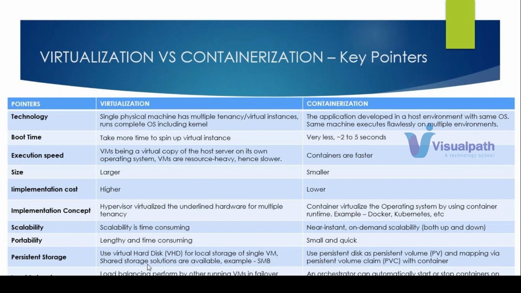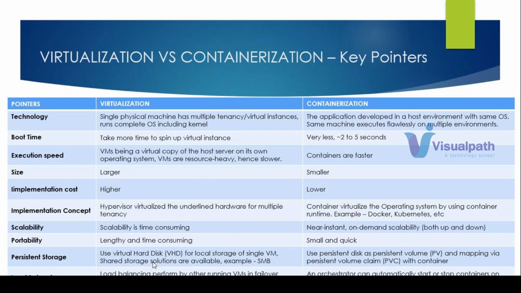Persistent storage: the virtual hard disk for local storage is most of the time associated with a single VM, but we have the flexibility to use a shared storage solution as well.